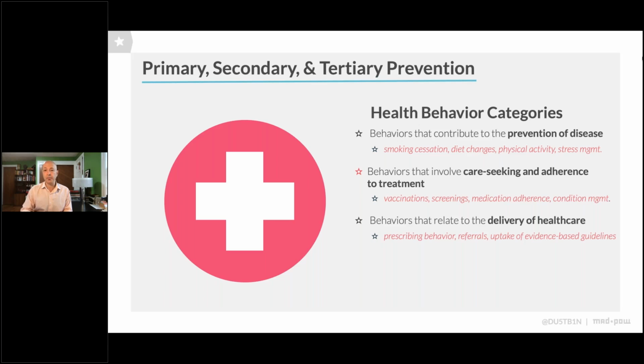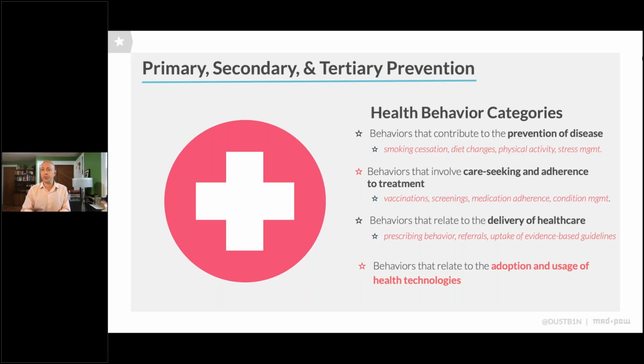So we can think not just on a member or patient side, but also thinking about the behaviors on the clinician and the provider side, things like prescribing behaviors, making referrals, using evidence and the latest guidelines to determine treatments or to diagnose a problem.